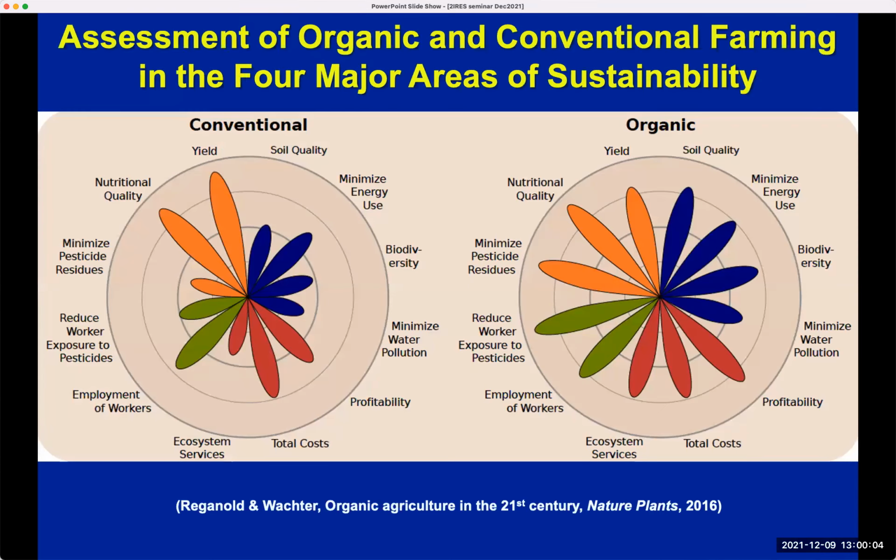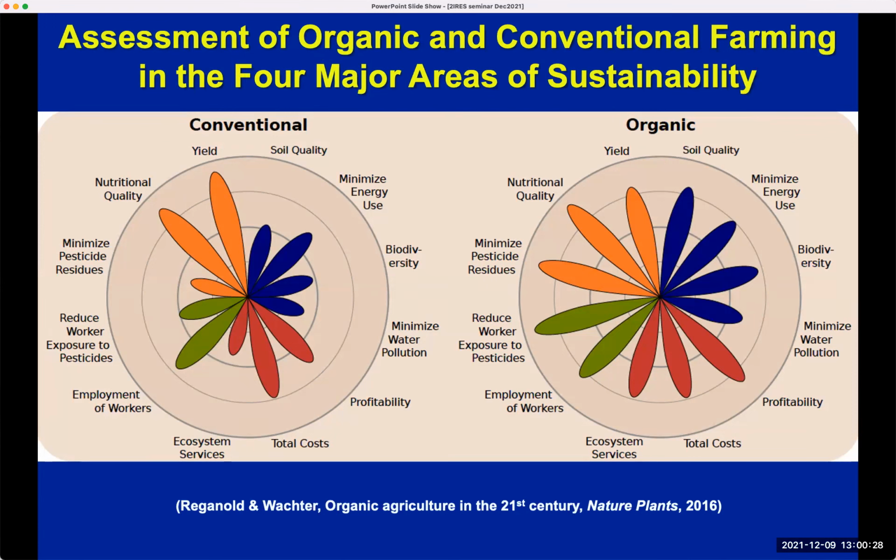So this is just an example of a study that one of my former grad students and I did, where we looked at all the data on conventional and organic systems, and we put it into a flower diagram based on sustainability metrics. And you want a flower to have petals that look like a flower. I mean, most ecologists do anyway. So that would be the flower on the right.